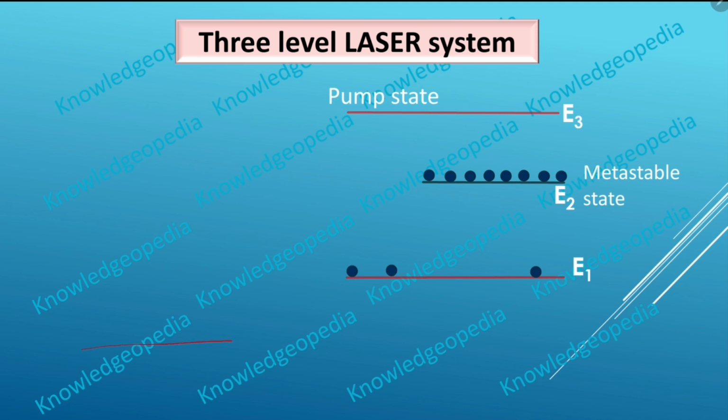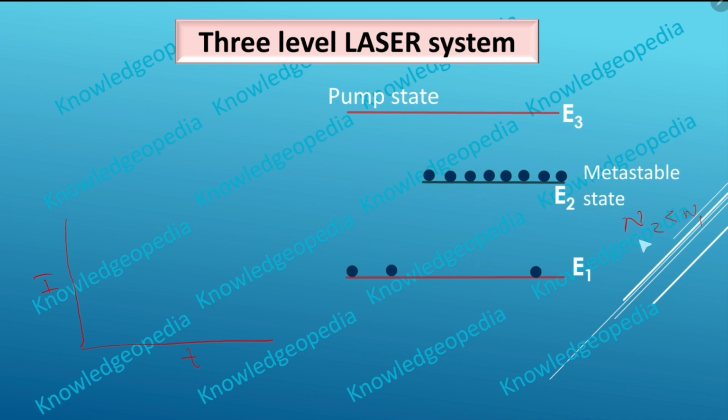I am taking the time axis here and the intensity here. Initially all the atoms were at E1, which means N2 was less than N1, where N2 is the number of atoms at E2. I am considering these two because they are the two energy states responsible for the lasing action, through the radiative transition.